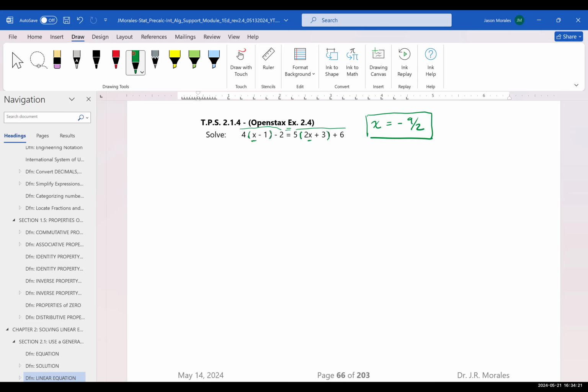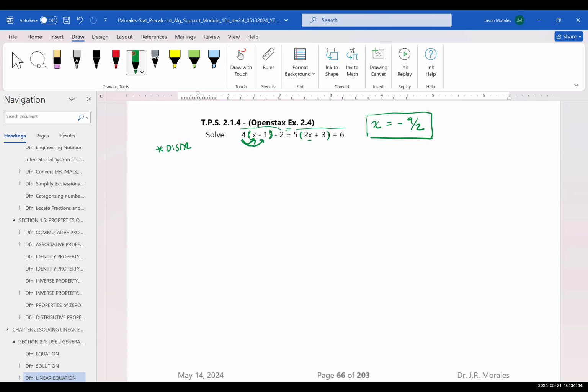Okay, so what we need to do first is to maybe try and get rid of these parentheses here and here, and we can do that with the distributive property. So we'll use the distributive property and multiply 4 times x and 4 times -1.